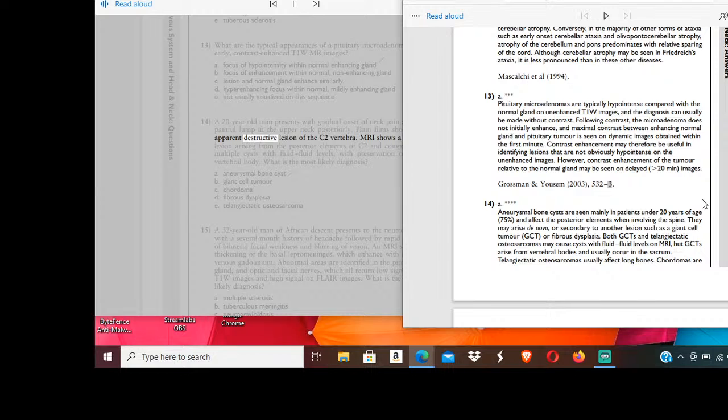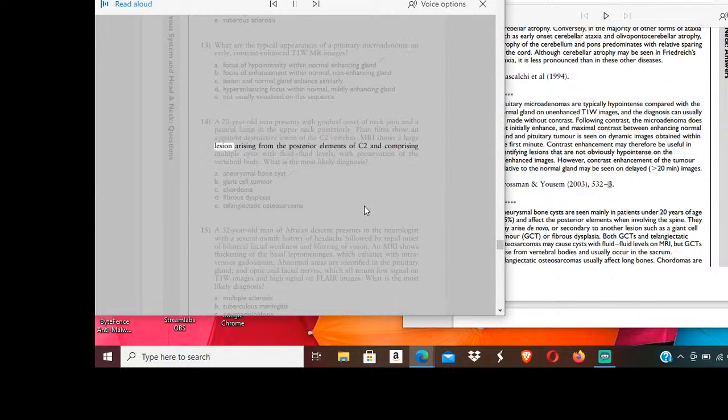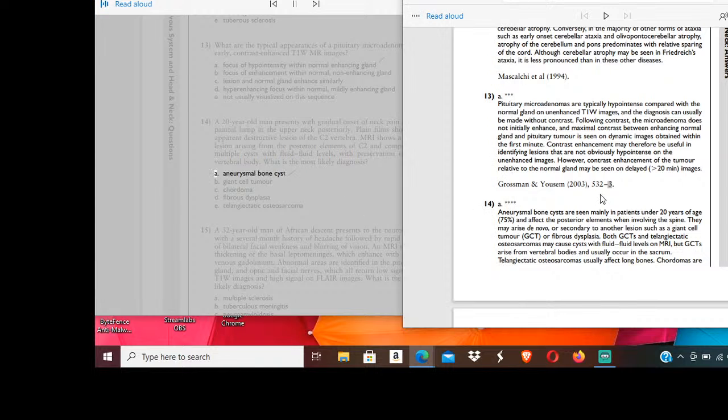Plain films show an apparent destructive lesion of the C2 vertebra. MRI shows a large lesion arising from the posterior elements of C2, and comprising multiple cysts, with fluid levels, with preservation of the vertebral body. What is the most likely diagnosis? A. Aneurysmal bone cyst. B.